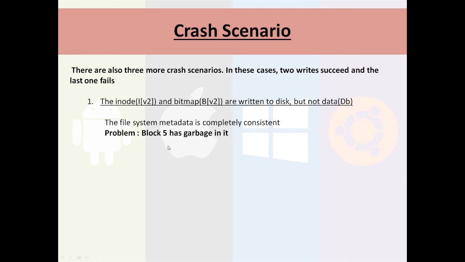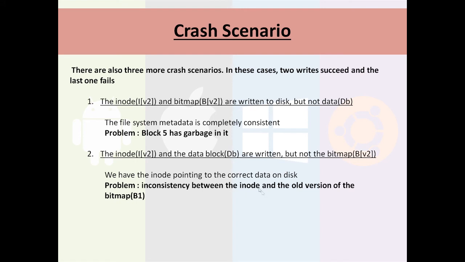The issue is that the file system metadata is completely consistent, meaning that we have a file that points to some location, so that's good. And we know that the location that it's pointing to is a block that has now been allocated, or is present in our bitmap. The issue is that whatever it points to, or this block 5, for example, just has useless or garbage data in it.